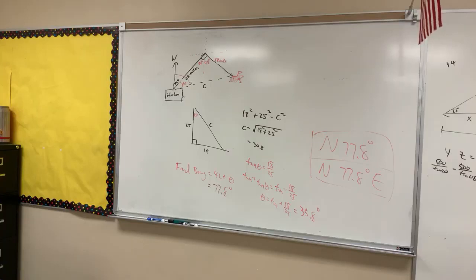So it's going to be 56 degrees. But that's not the final bearing. You have to add it. So 31 plus 56.68 is equal to 87.68. So going from here to here is 87.68.